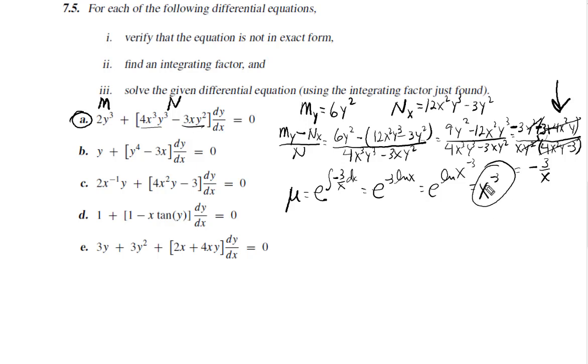So we should be able to take our original differential equation, multiply through by x to the -3, and turn it into exact form.